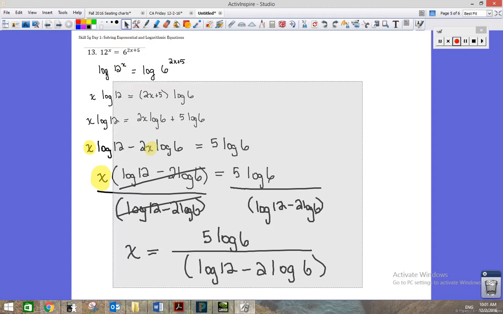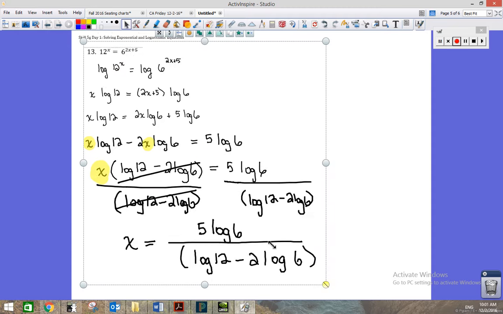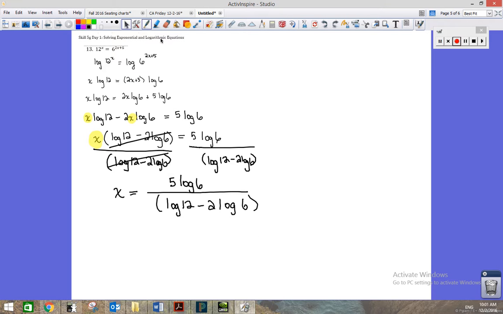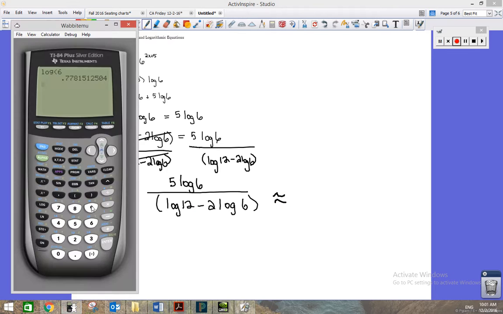So there's my exact answer. I can go to a scientific calculator and get a decimal approximation for this. In the numerator I have 5 times the log of 6, and in the denominator I need to have parentheses around this. I have log of 12 minus 2 times the log of 6.